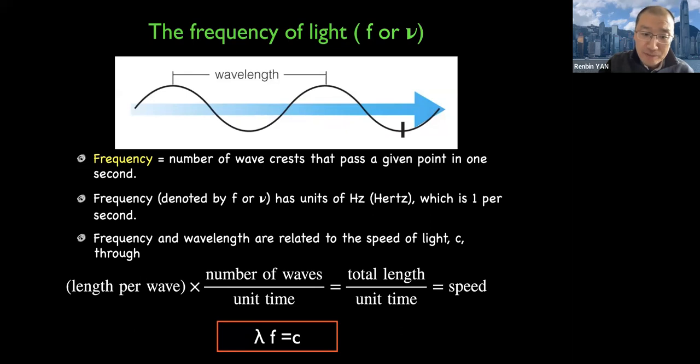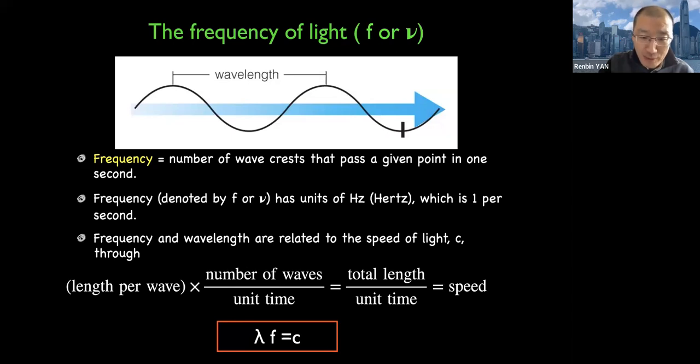In this way, if you count at this place how many waves pass through you every second, that is your frequency, right? So you set a unit time, either second or minute, as long as it's a unit time, and that is the frequency of the wave.